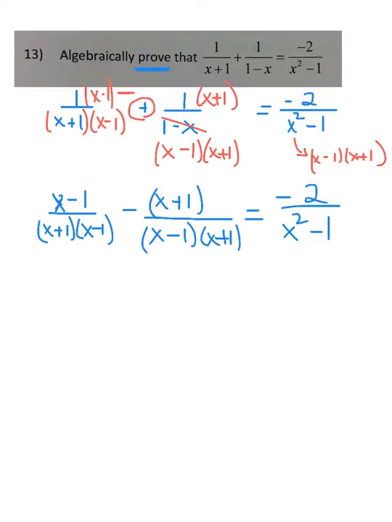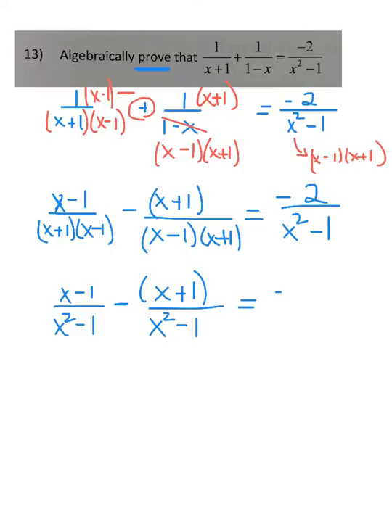So in my next step, I'm going to change all of these guys to just x squared minus 1. All right, so I've got x minus 1 over x squared minus 1 minus, let me keep this in parentheses, I'll tell you why in a minute, and then I've got x plus 1, and then negative 2 over x squared minus 1.